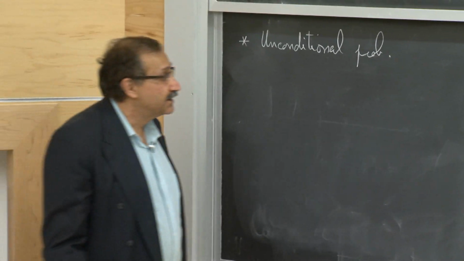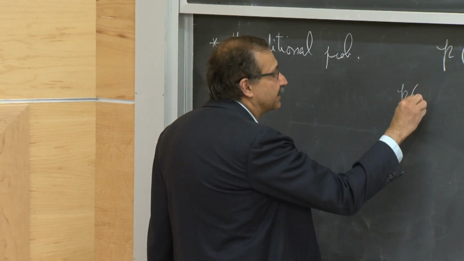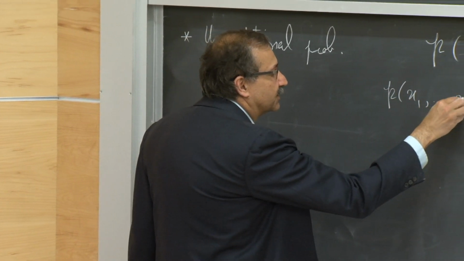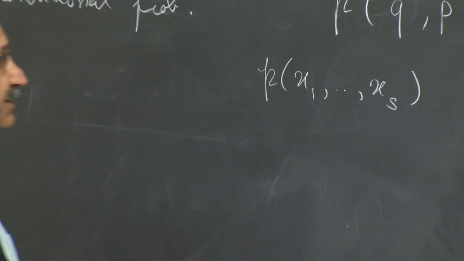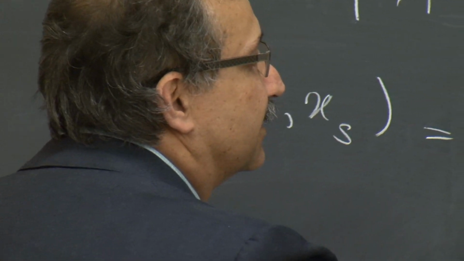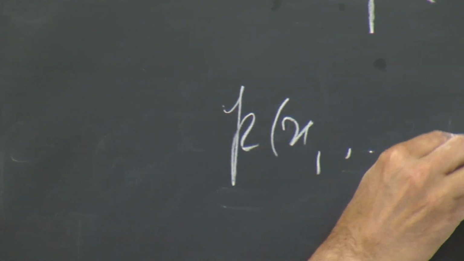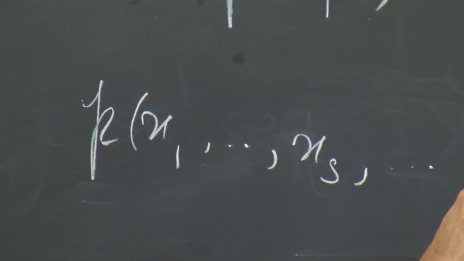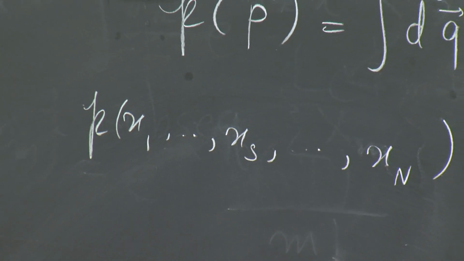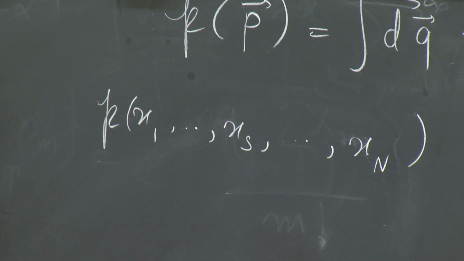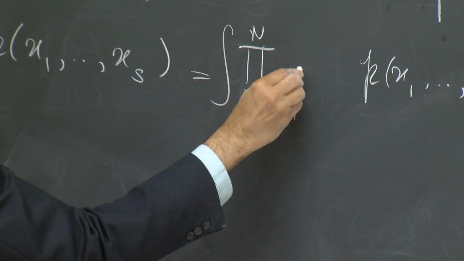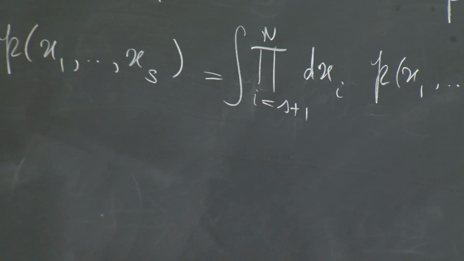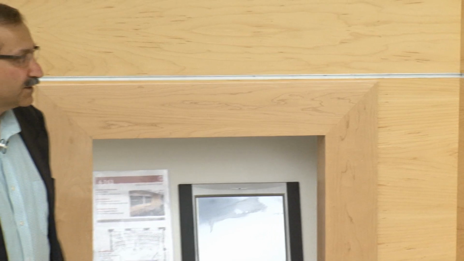And more generally, if I'm interested in, say, a bunch of coordinates x1 through xs, out of a larger list of coordinates that spans x1 through xs all the way to something else, all I need to do to get the unconditional probability is to integrate over the variables that I'm not interested in. Again, the check is that it's properly normalized.